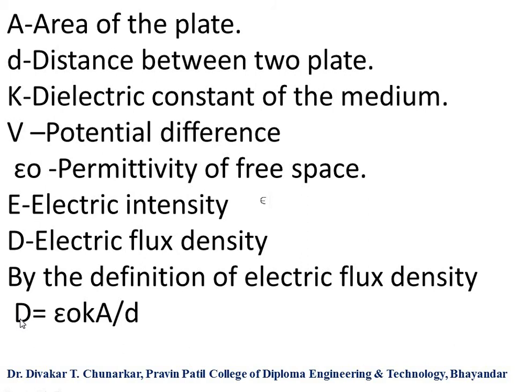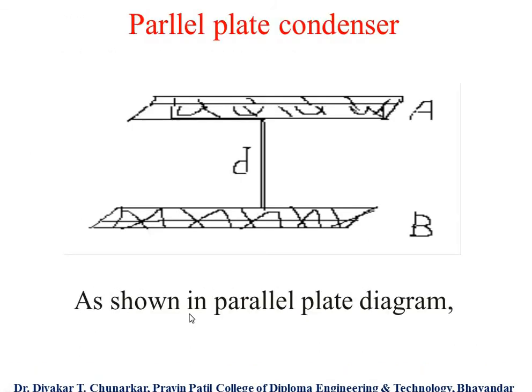The next equation, parallel plate condenser or parallel plate capacitance, C equal to epsilon 0 KA upon d. And this parallel plate condenser depends on the distance between two plates, then the area of the plate, meaning for both plates we have to calculate the area.